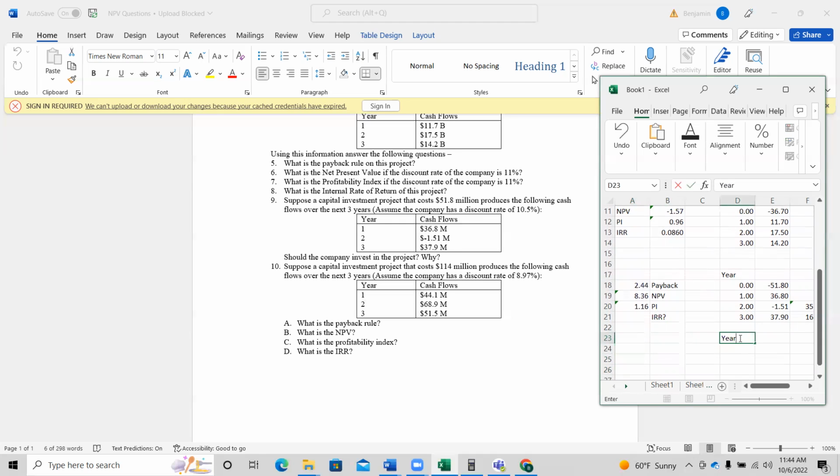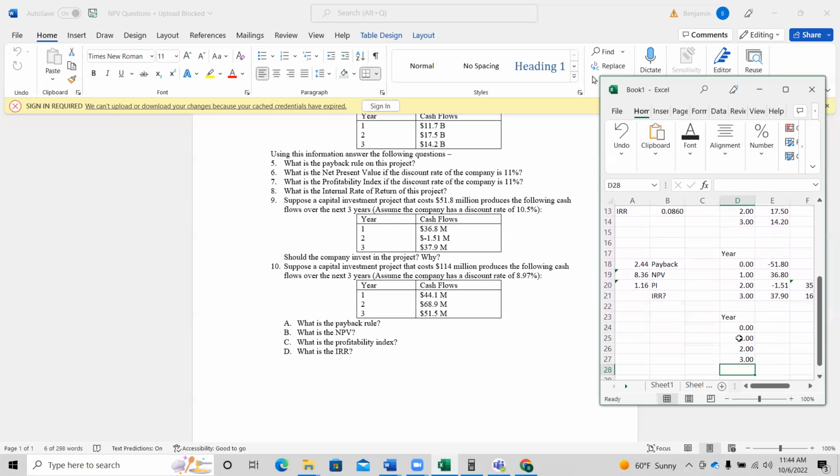Okay. Looks like I've got a capital investment project that's going to cost 114 million. Actually, let me enter my years here. $114 million cost of the project. That's an outflow.